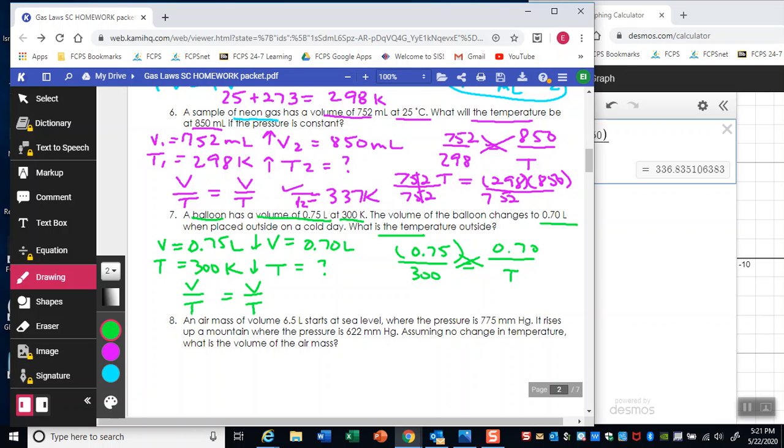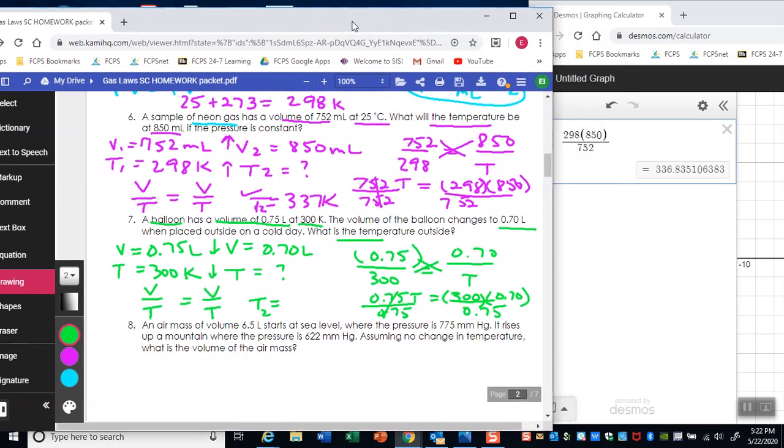So I'm going to cross multiply, and I get 0.75 T equals 300 times 0.70. And then I want to divide by the 0.75, so that'll go away on both sides. And so I'm going to get my temperature. My new temperature is going to be whatever this is. So let's see.